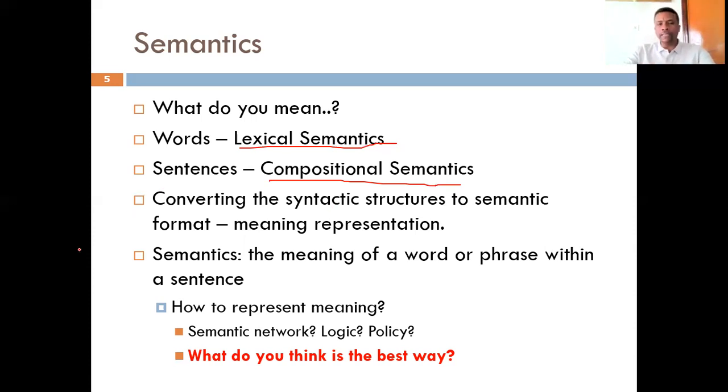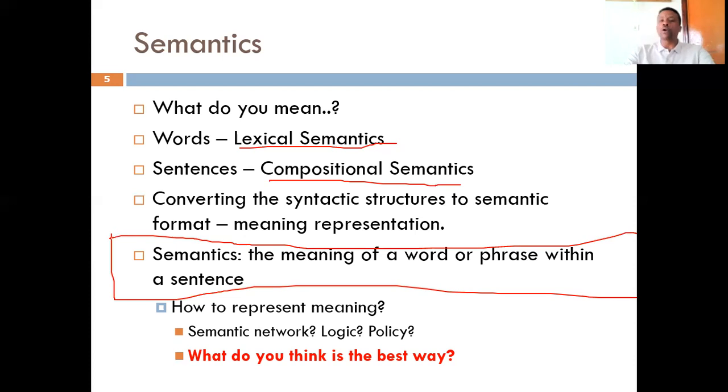Semantics is concerned about the meaning of a word or a phrase within a sentence. We're not concerned only about the list of meanings a word has from a dictionary. We are concerned about the meaning of the word or a phrase within a sentence, okay?